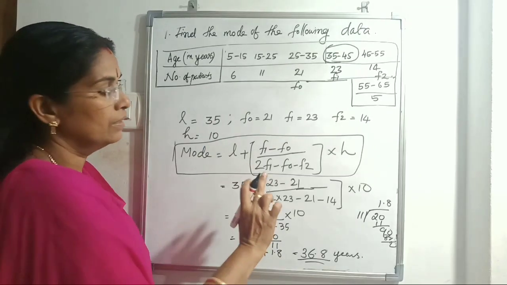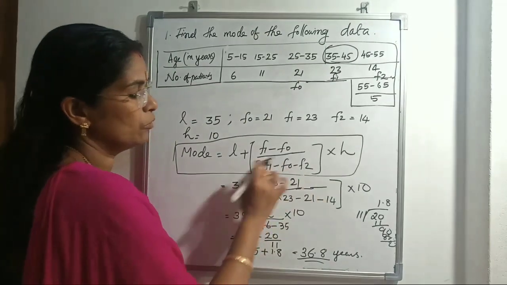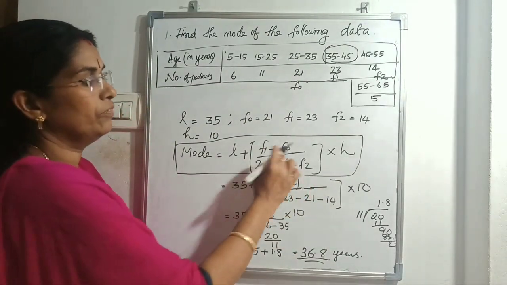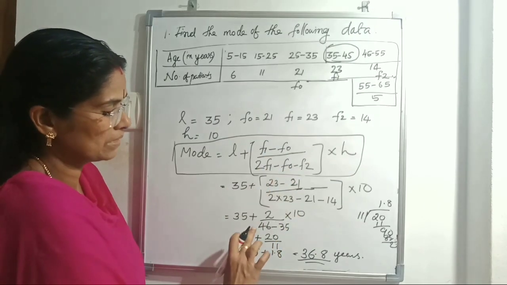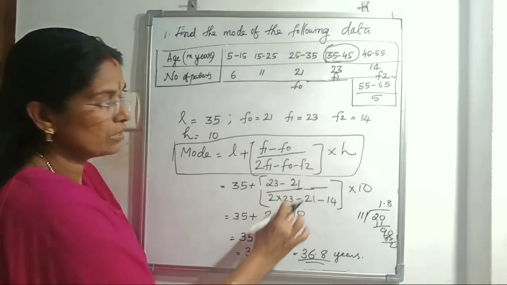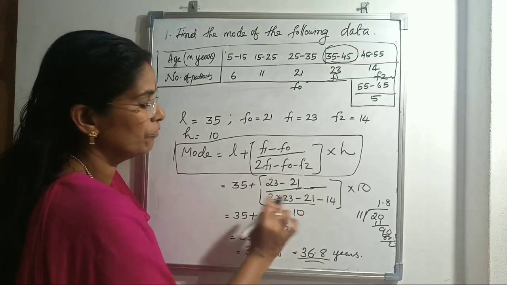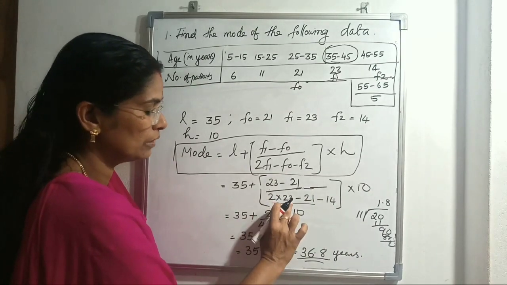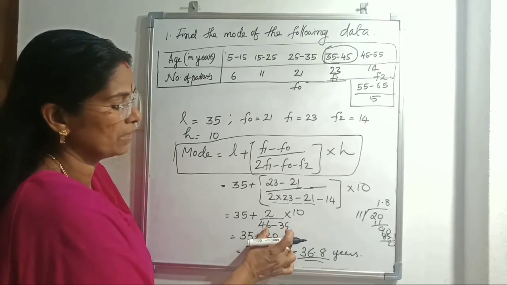Very important one. First you have to do the subtraction in the numerator. Here it is always subtraction; if a negative number comes, it becomes a plus number only. 23 minus 21 gives 2 itself. After that, in this term, first multiply and then subtract: 46 minus 35.